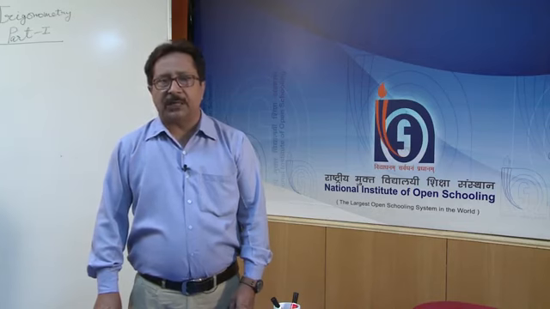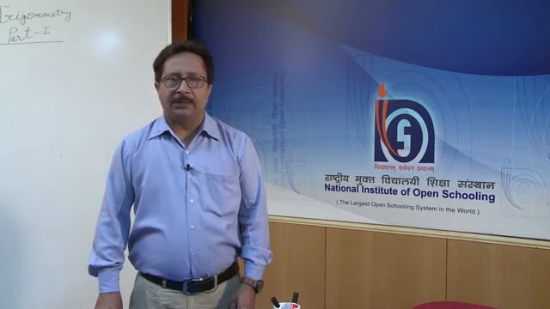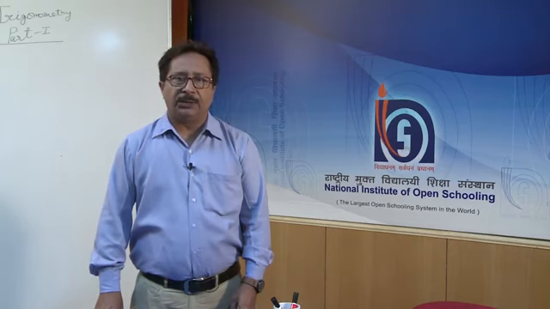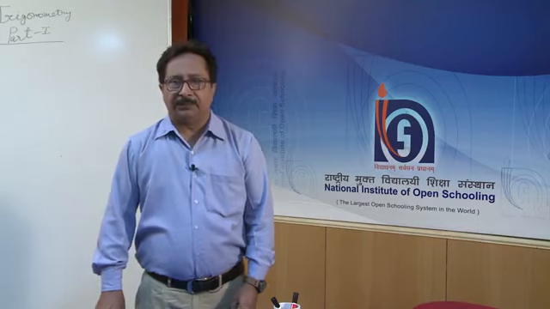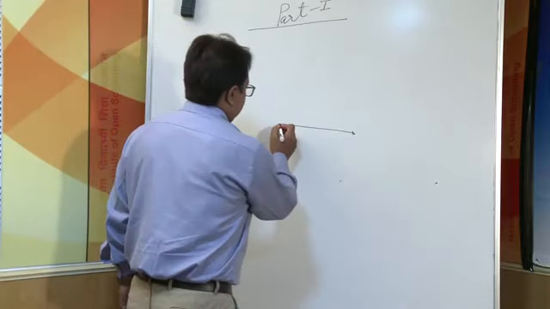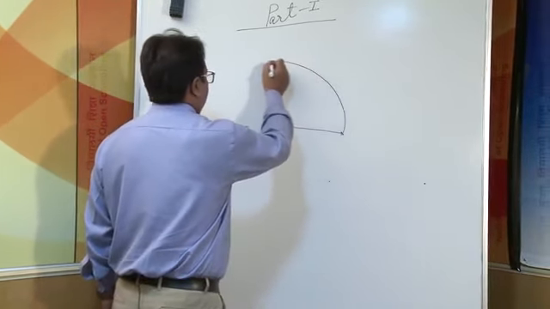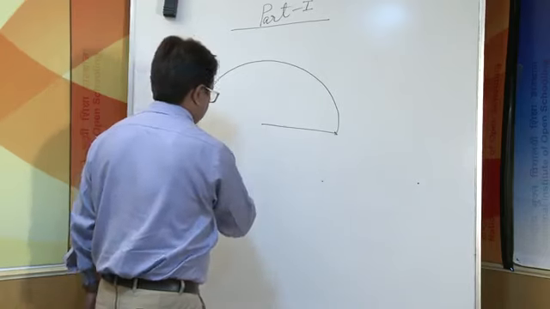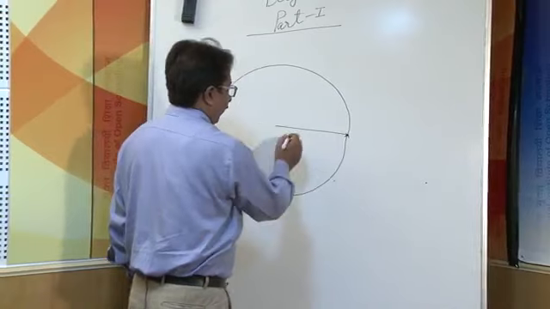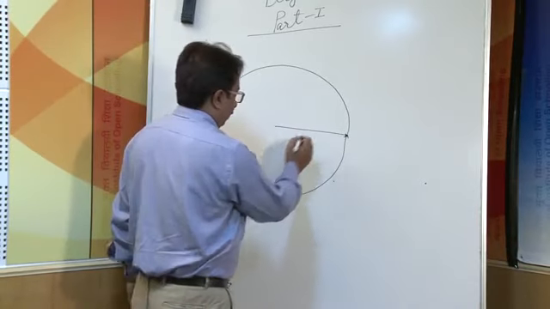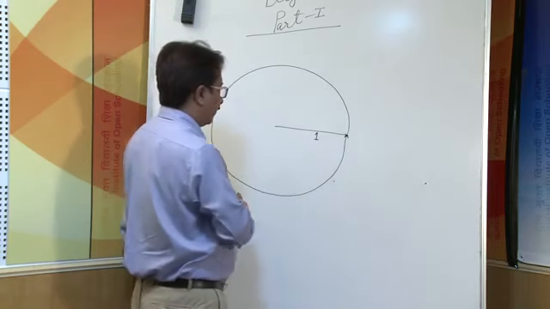Let us extend our knowledge of trigonometry in regard of all these types of angles, and for that we need to define one unit circle. See, when a ray makes a complete revolution like this, we define it as a circle, and when its radius is 1, we say this is a unit circle.